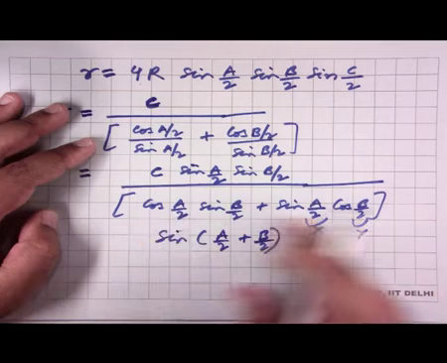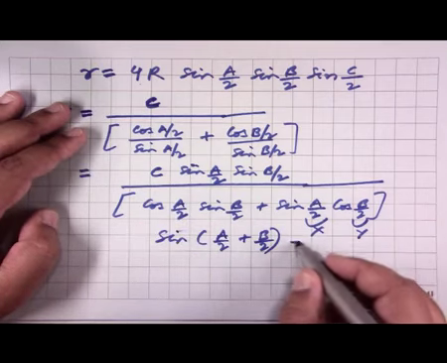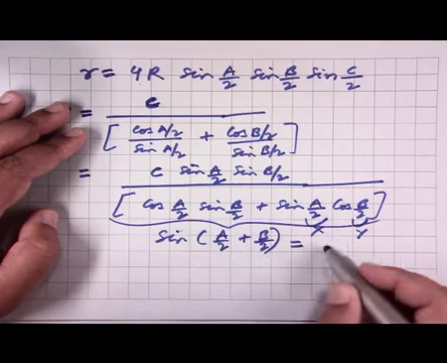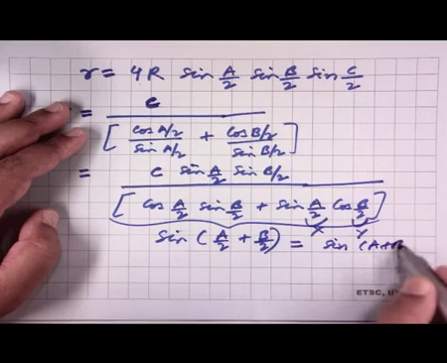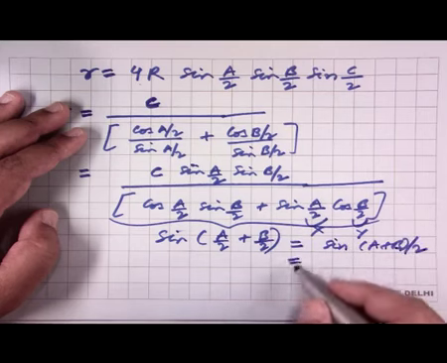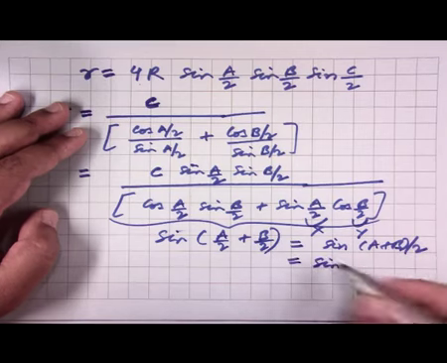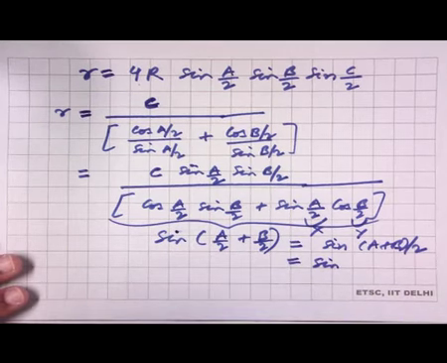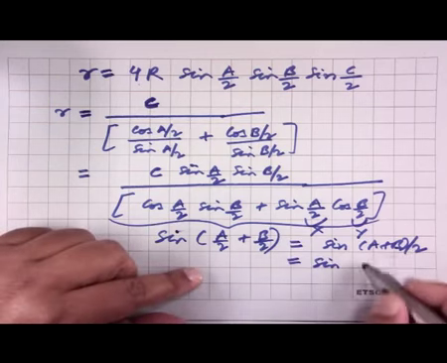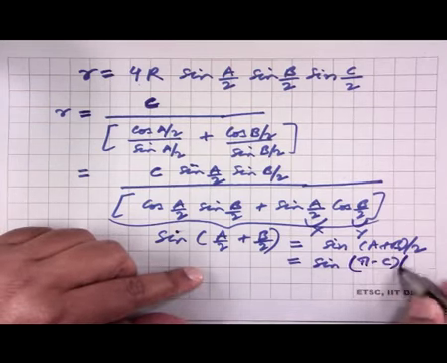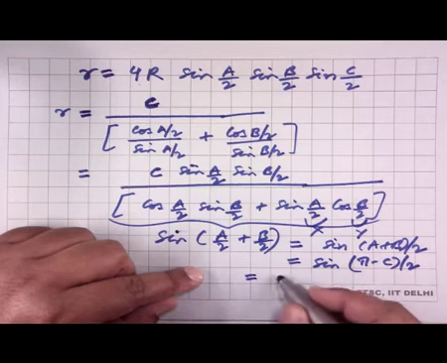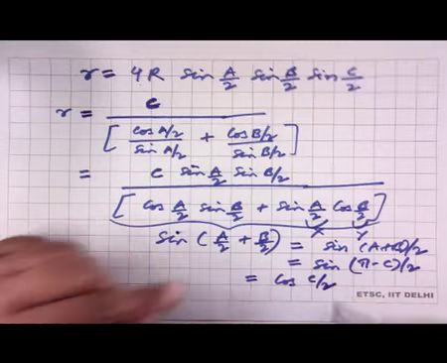So, this is the denominator, but that is equal to sin of A plus B by 2, which is, because the sum of all the angles of a triangle is 180, A plus B is pi minus C, and therefore, this is equal to sin of pi minus C over 2, which is cos of C over 2.